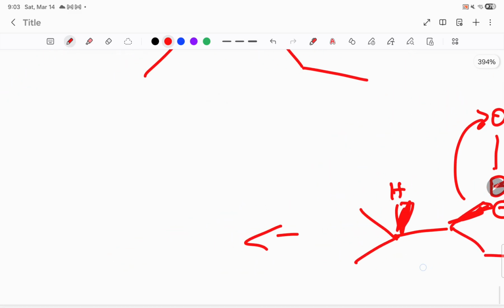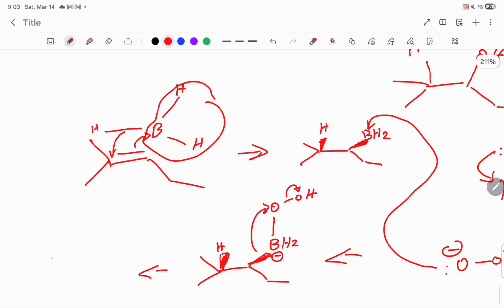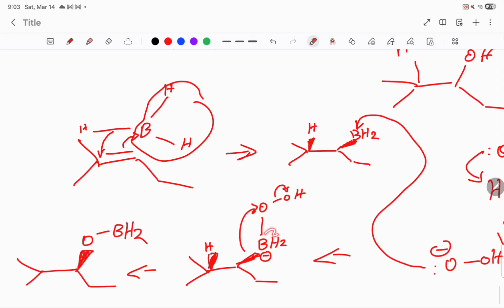Next, we're going to get our alkene, running out of space here, is going to now have our oxygen there, bound to a BH2. And if you're a little bit confused, it's because for this bond we did a shorthand mechanism.